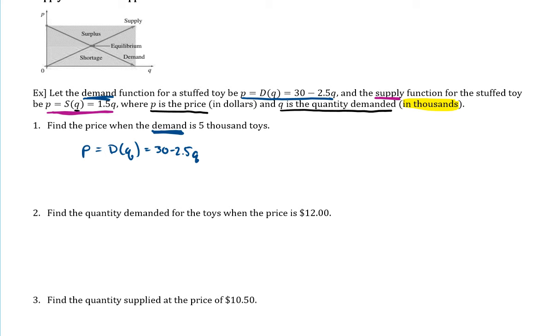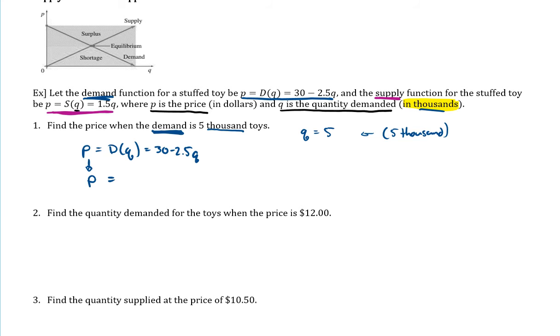In number one, they say find the price, so that means we're solving for P when the demand is 5. Notice they wrote the word 1,000. So in this problem, they do want us to use Q equals 5 because it's already in thousands, so this represents 5,000. We want to keep it as just 5. The way we want to break this down is we're just going to use P equals and skip over the middle one.